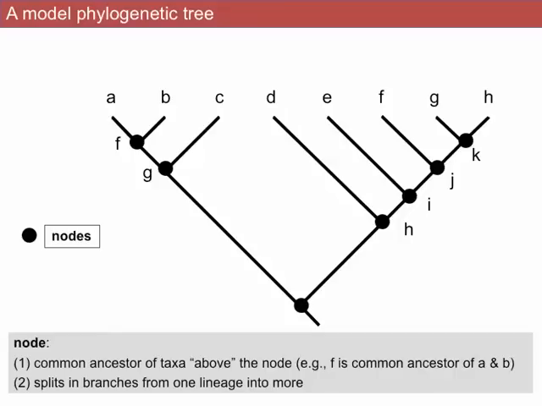If you think about this going backwards in time, from the present to the past, a node also represents the most recent common ancestor of a particular group of organisms.